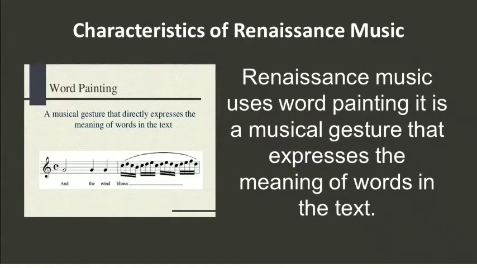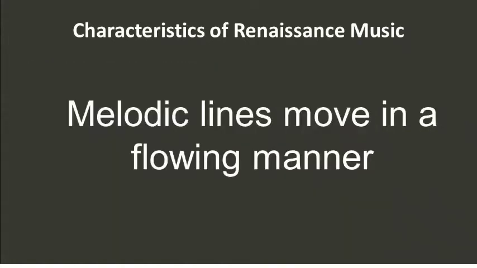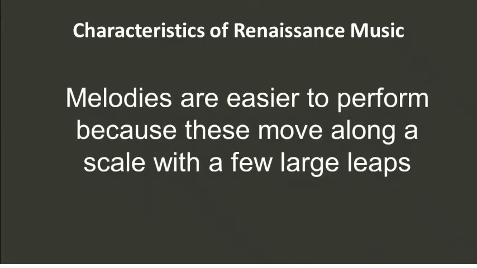Renaissance music uses word painting, a musical gesture that expresses the meaning of words in the text. Melodic lines move in a flowing manner, and melodies are easier to perform because they move along a scale with a few large leaps.